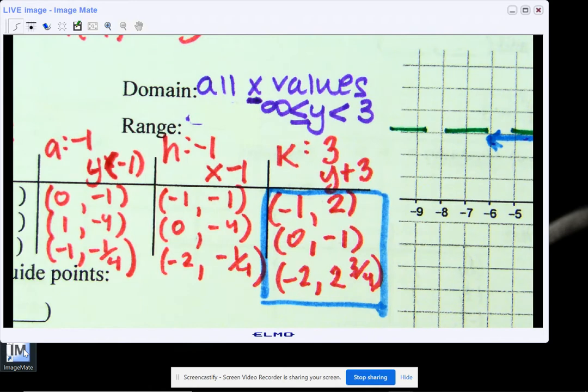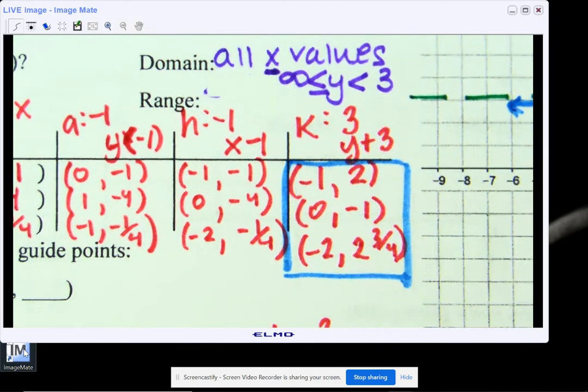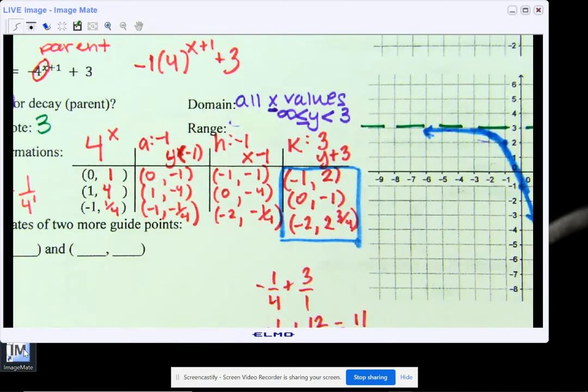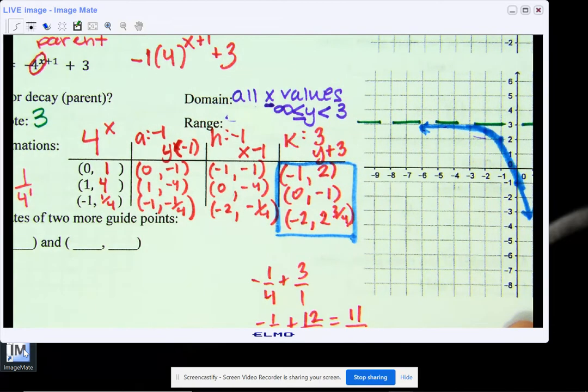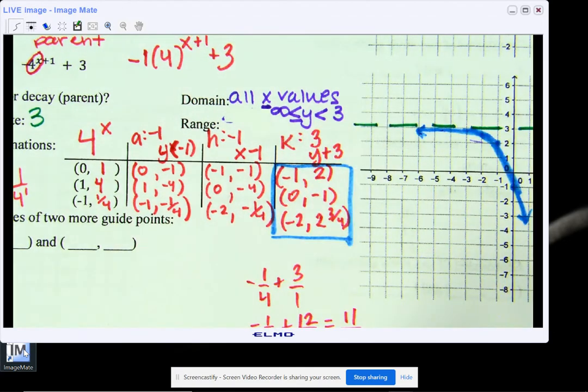All right, so if I look at my graph, my smallest numbers are going to be negative infinity, and then it's going to approach 3, but never touch 3.